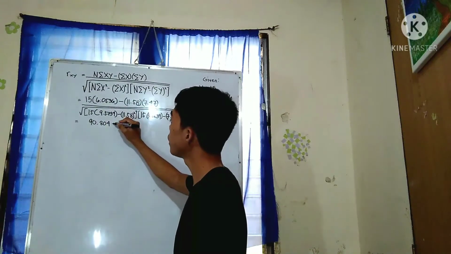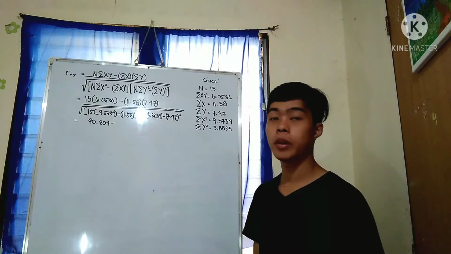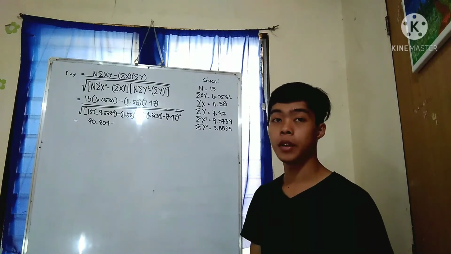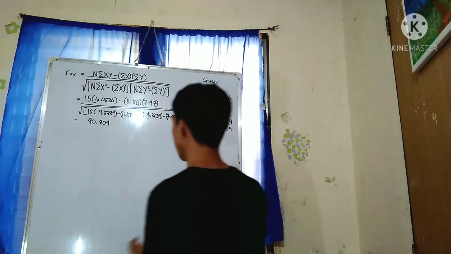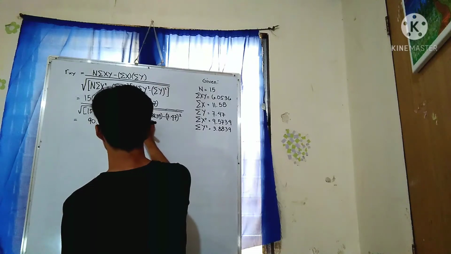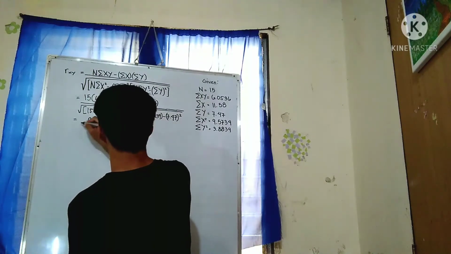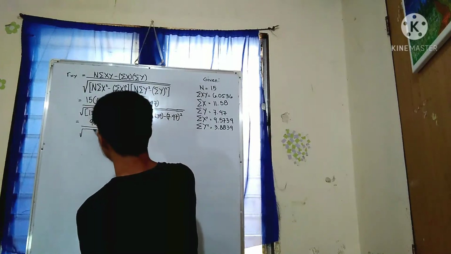Then you copy minus, and 11.58 times 7.47 is equal to 86.5026. Over, then you will copy the square.